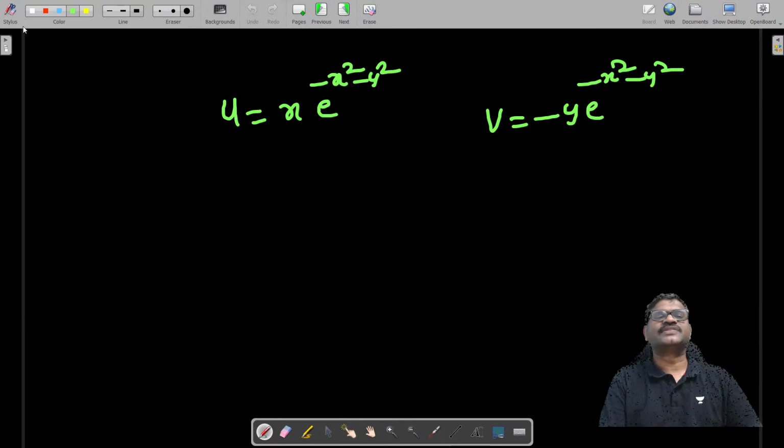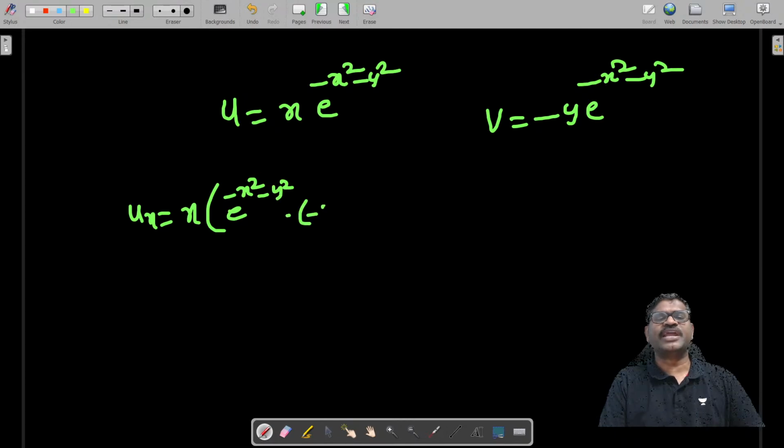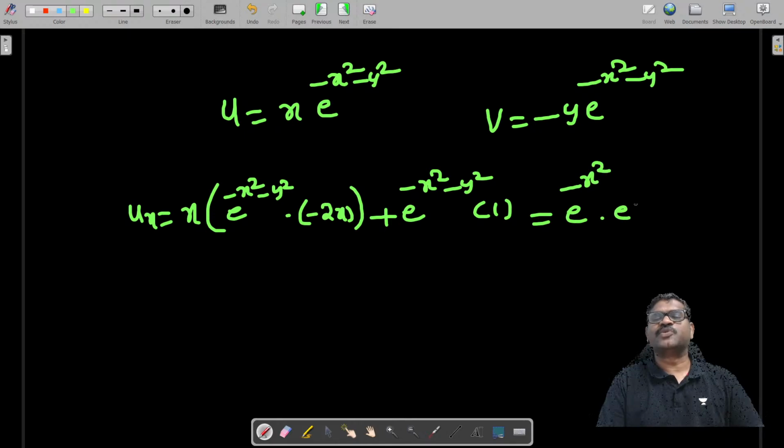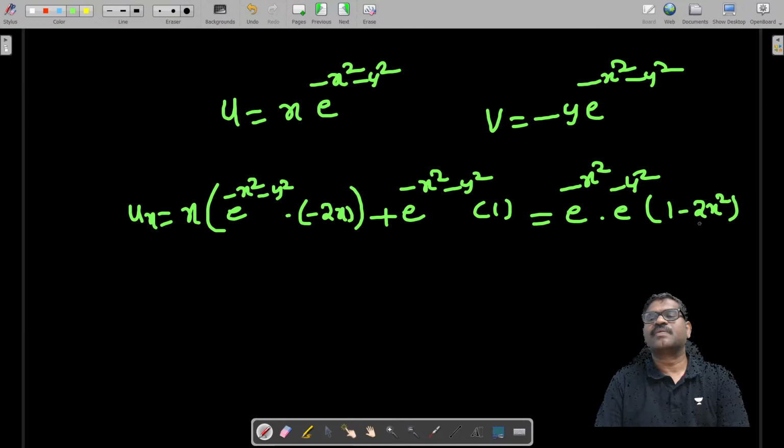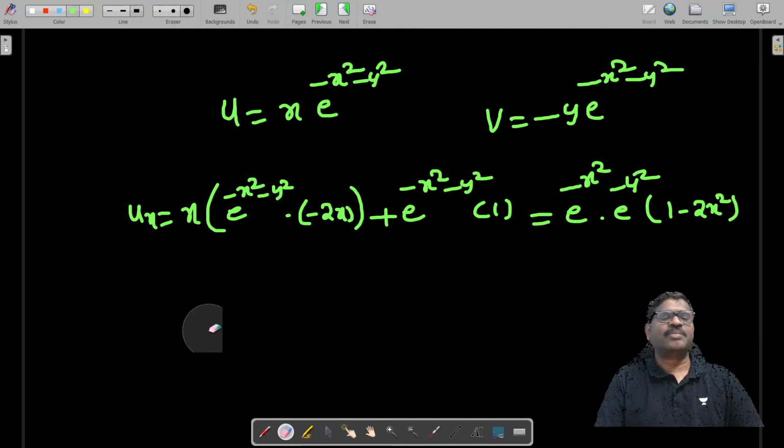Now u x is x into e power minus x square minus y square into minus 2x plus e power minus x square minus y square into 1, that is e power minus x square into e power minus y square into minus 2x square plus 1. Now v y, I am talking about v y.